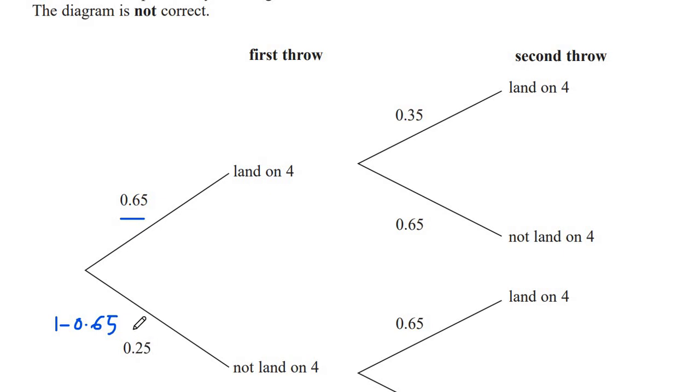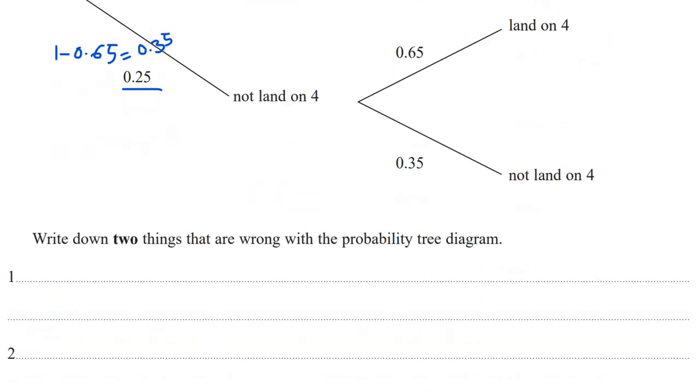And that is not 0.25. 1 minus 0.65 is 0.35. So this looks like a mistake. And the question is, write down 2 things that are wrong. So this is the first thing that is not correct.